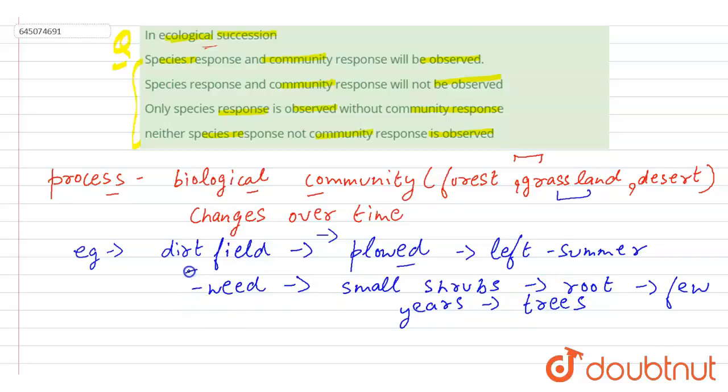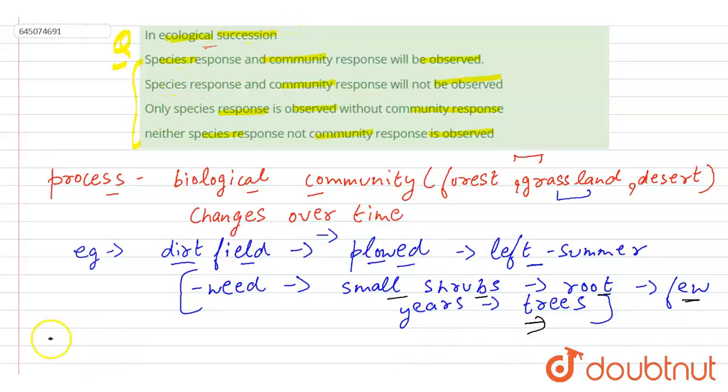So this is the succession that is seen in a dirt field. A dirt field was plowed, left for summer, and then weeds start to grow. After weeds, small shrubs occur, then roots begin to grow, and after a few years, trees begin to grow. After that, a complete ecological succession was maintained.